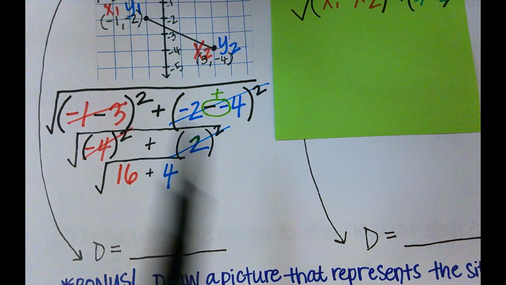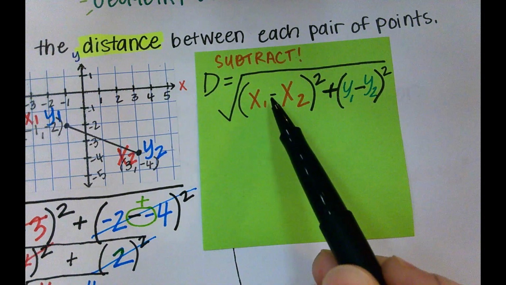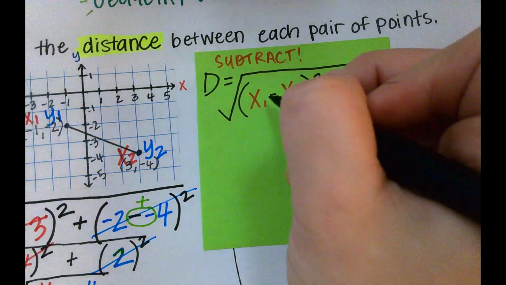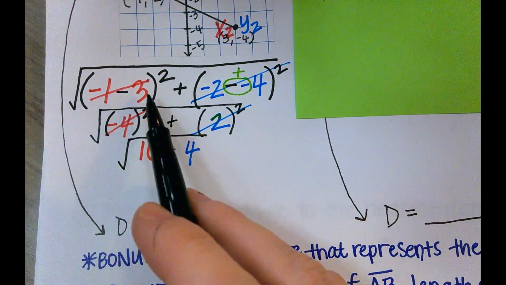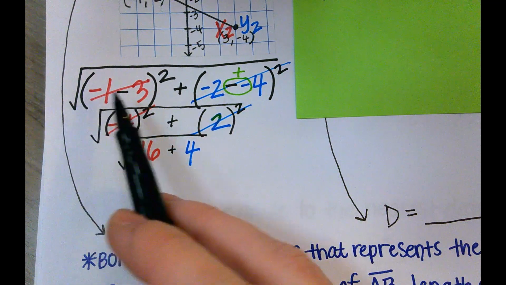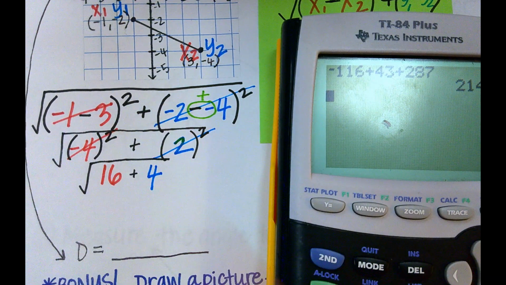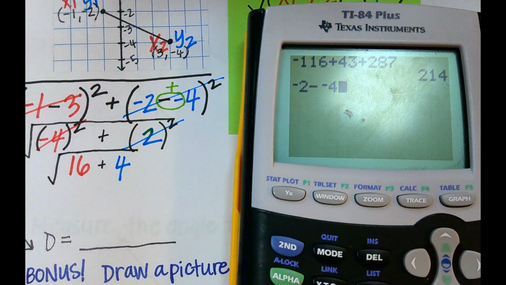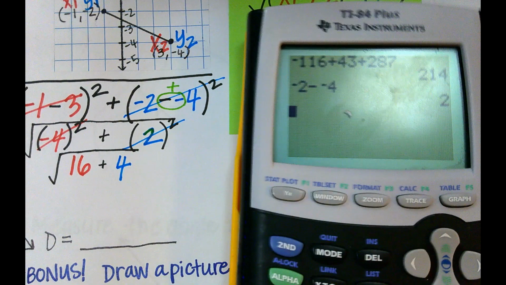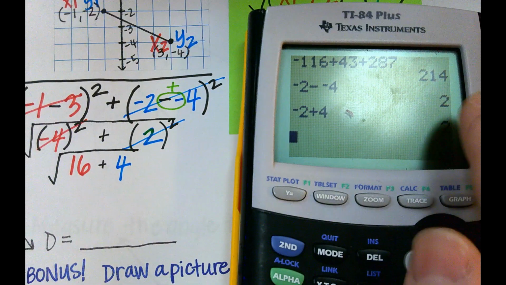It's -1 minus 3. We are doing x1 minus x2. So right here, -2 minus -4, I get +2, -2 plus 4, same thing.